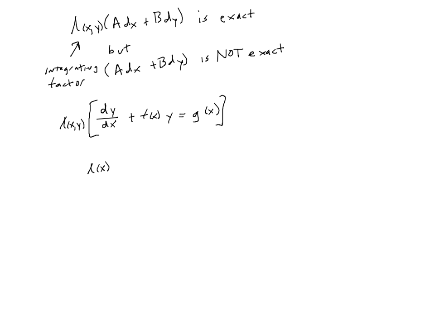So I have lambda of x times dy plus f of x y dx, and this is all going to be equal to g of x dx, with the multiplication by lambda of x. Okay? So this is the equation I have right now.